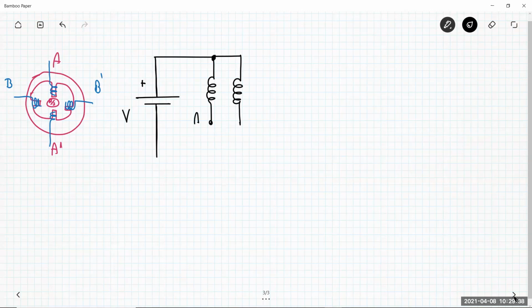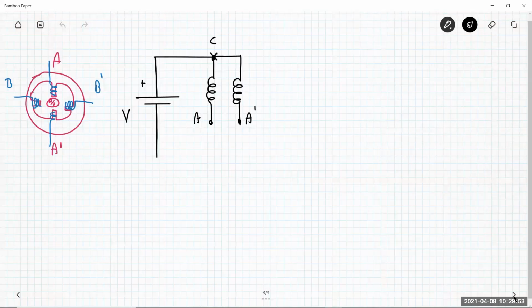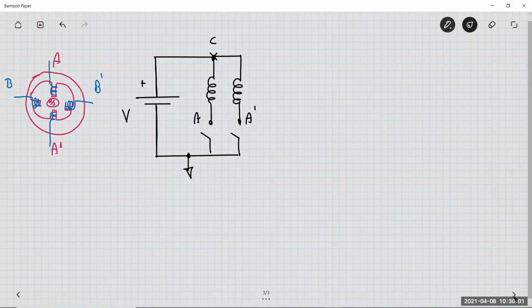This is the node A and this is the node A prime, okay? This is the center terminal. Let me call this C here. And then you have 2 switches connected to the reference node. This is the phase A.